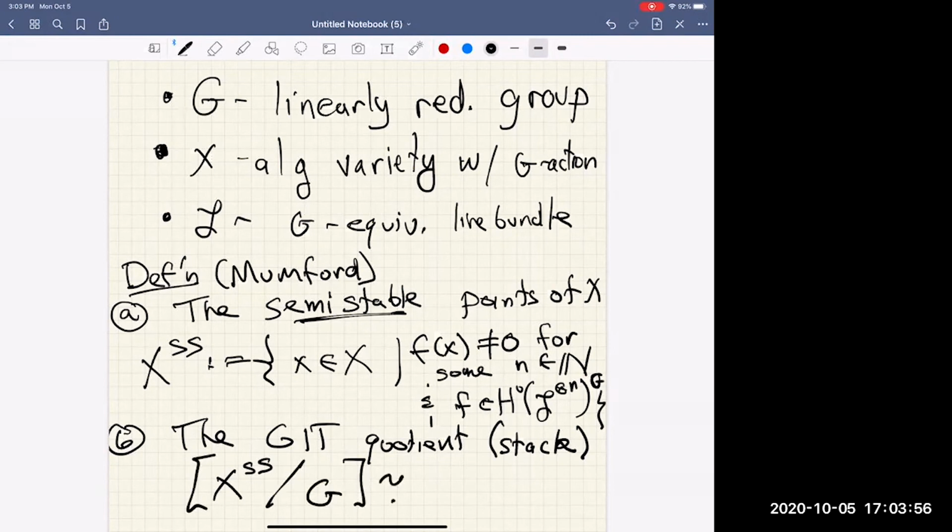And this is roughly, if X were projective, just Proj of, so I should put the word ample here, L is ample.